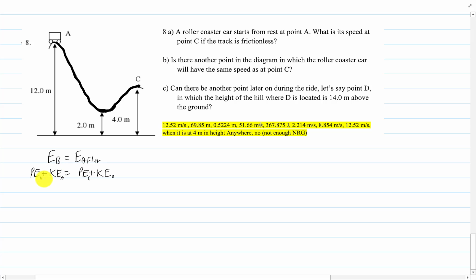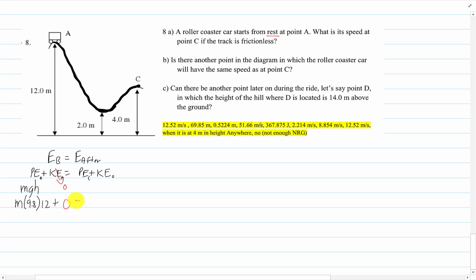So the potential energy at point A is mgh, and the mass of that we don't know. The g is 9.8, and the height of that is 12 meters. Plus the kinetic energy, well, the kinetic energy is 0 because it starts from rest.